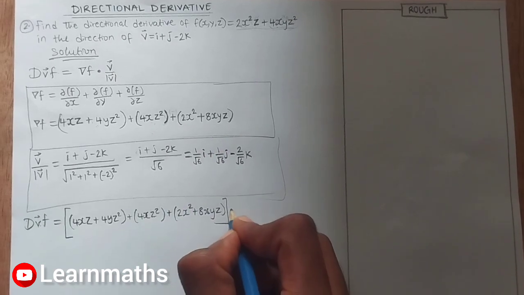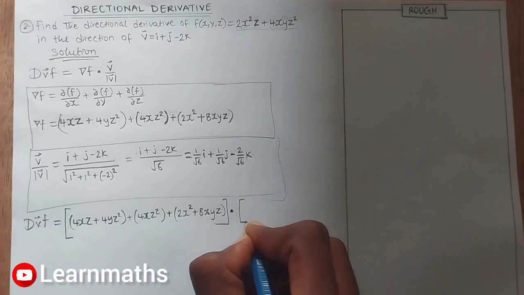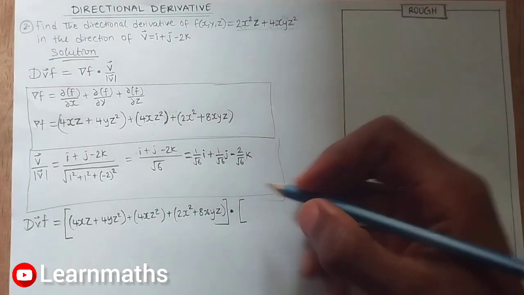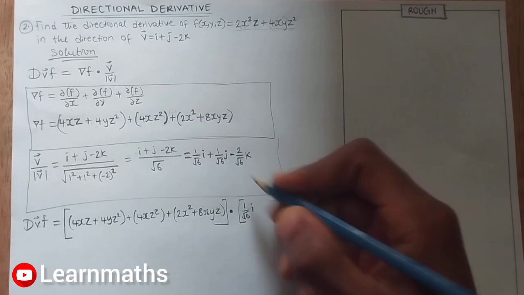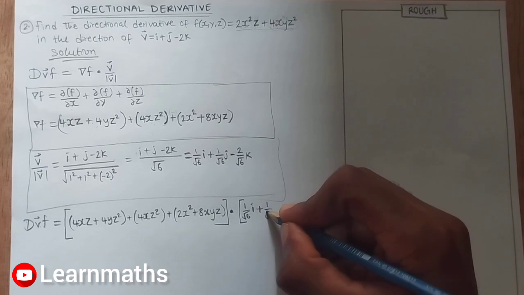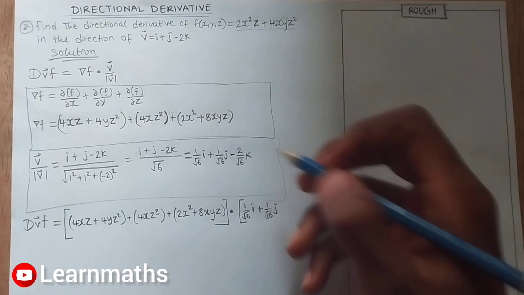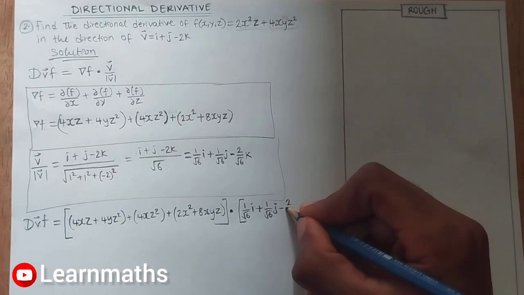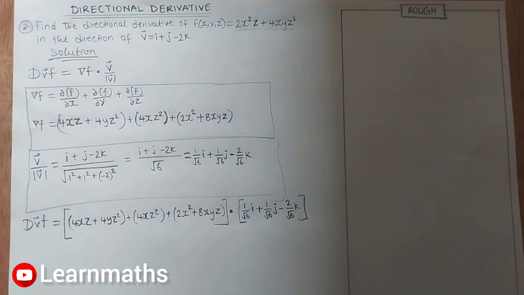We're going to find the scalar product of this with, let me make use of the square bracket, 1 over square root of 6 i, 1 over square root of 6 j, and negative 2 over square root of 6 k.